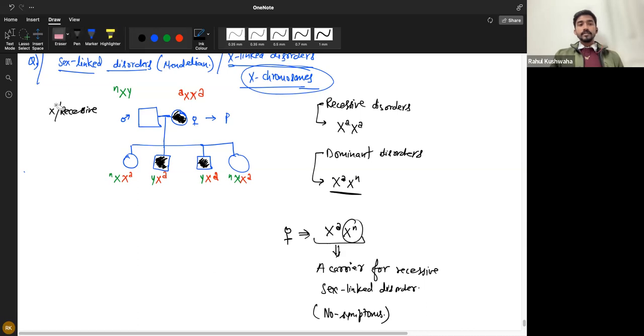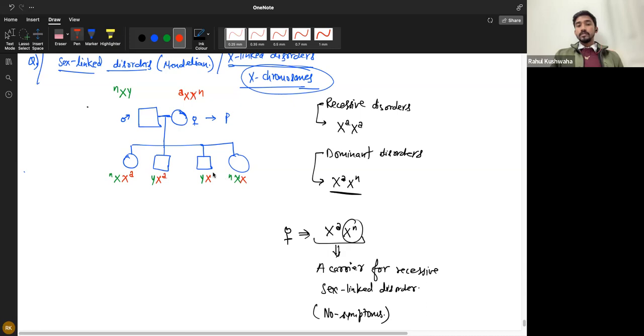Now let me change the situation a bit. Mother is a carrier. How will the situation change? Let's say to one daughter, she gave an affected X. To one son, she gave an affected one.